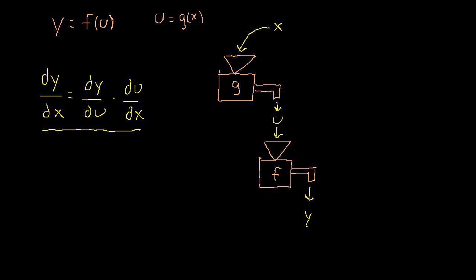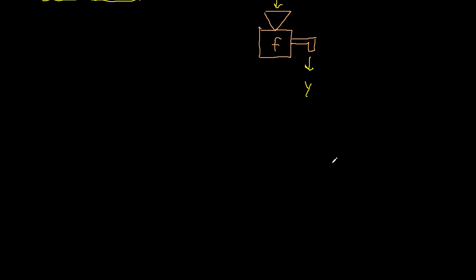Now I want to give you another form of the chain rule, because some people like the different forms. Some people don't like the dy's and dx's, although I think it's superior, but that's just my opinion. So let's suppose that we're interested in the derivative with respect to x of this composite function.